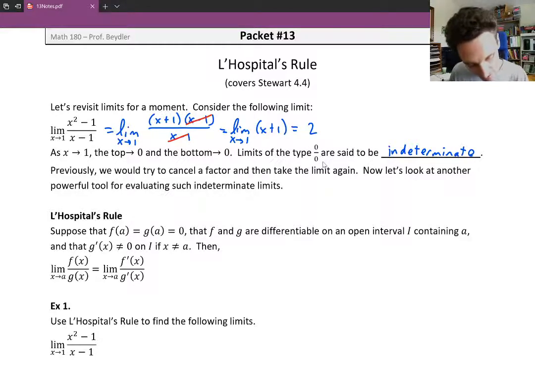And we mentioned that way back when we were talking about limits at the beginning. So as mentioned previously, we would try to cancel a factor, then take the limit again. But let's turn to another powerful tool that can help us evaluate 0 over 0 type limits, these indeterminate limits.